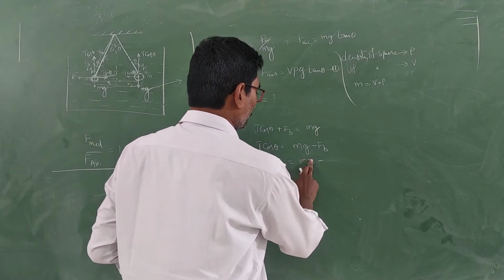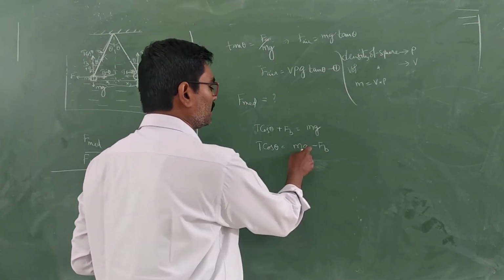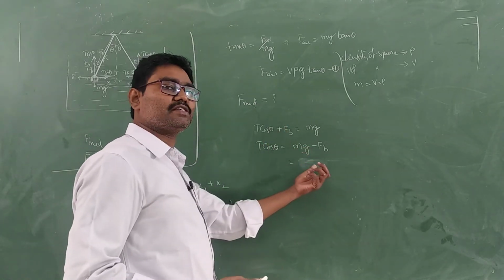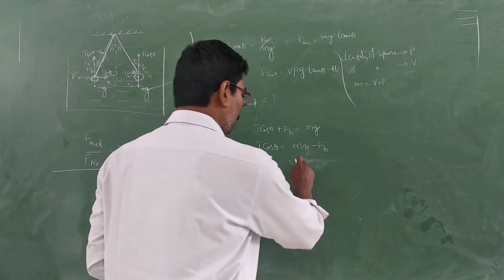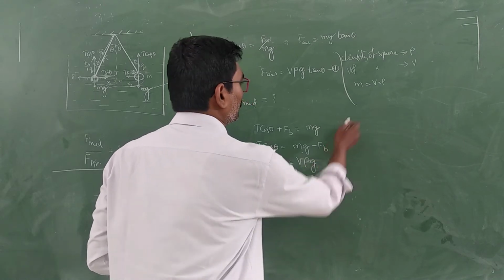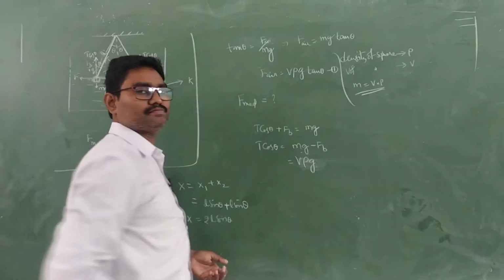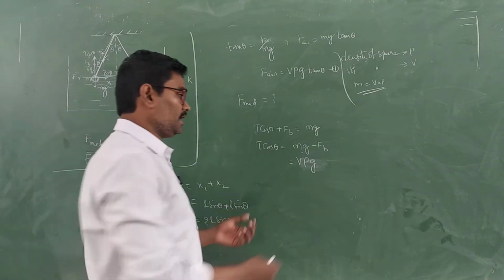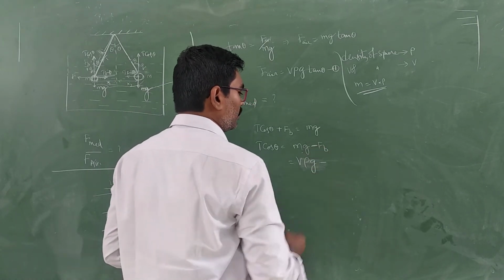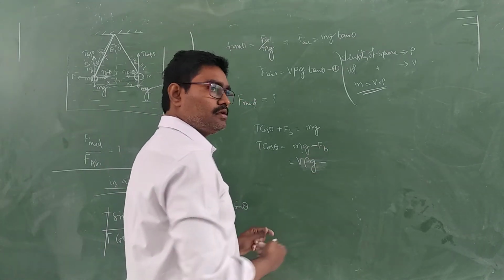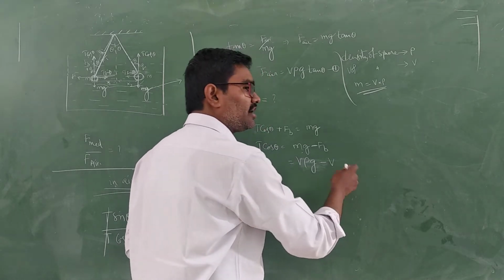Now, you can write this mg also. What is this mg? Volume of the sphere into density of the sphere into g, that is V rho g. Minus buoyant force. What is the buoyant force? Volume inside into density of the liquid into g.